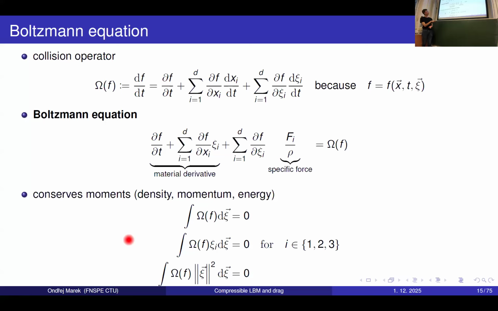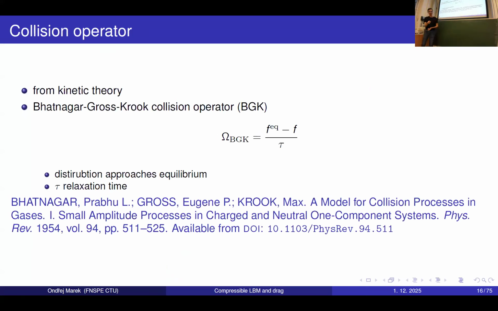And here the conservation of moments is basically given by integrating the collision operator over the change, so that if we swap the integral and derivative, we get that the change of density is zero from the zeroth moment, and the change of velocity and of energy is zero, or the change of each of these variables is zero altogether.